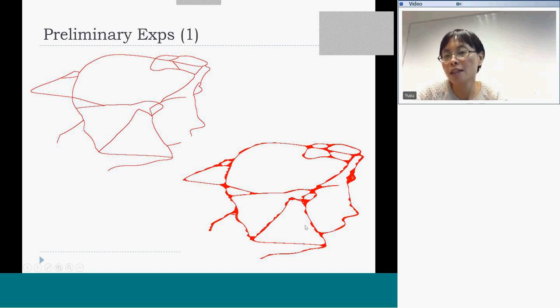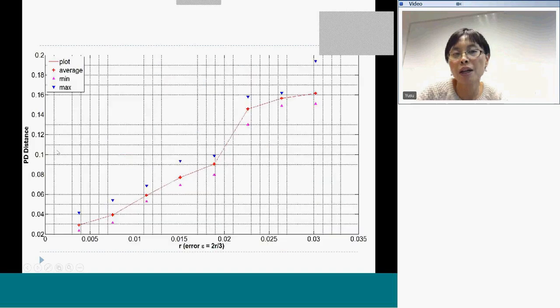This is G1, and this is a perturbation of G1 called G2. We see what happens to the persistence-distortion distance as we increase the perturbation, as the noise becomes bigger and bigger. Here the x-axis is the noise level, and the y-axis is the corresponding persistence-distortion distance between the two graphs.